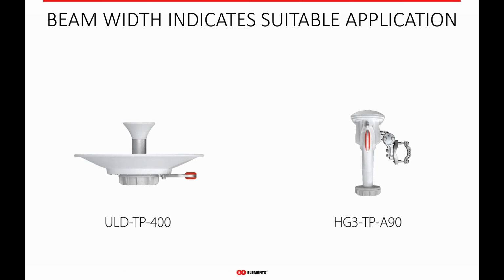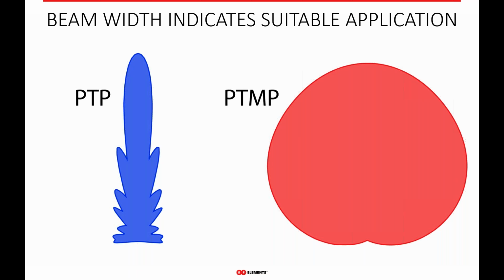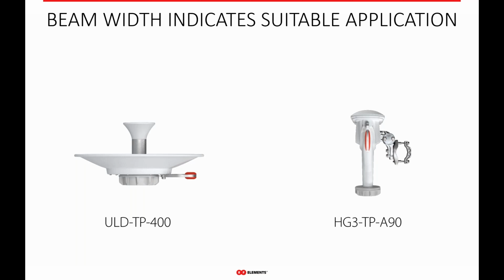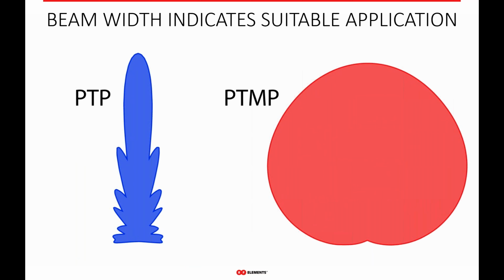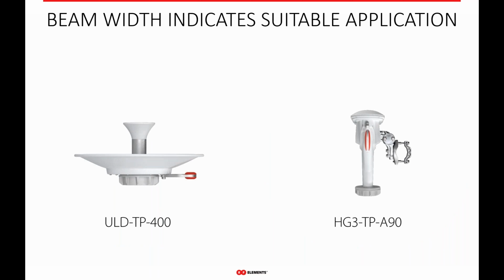Generally, there is no strict point-to-point or point-to-multipoint antenna. The beam width of the antenna is just a good indicator of what application the antenna might be better for. Distant, narrow sectors are possible with narrow beam width antennas.